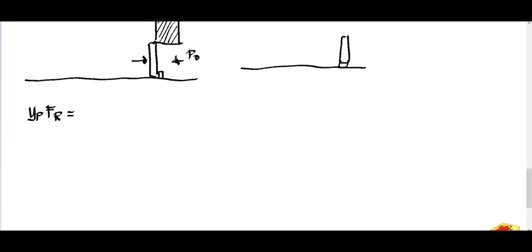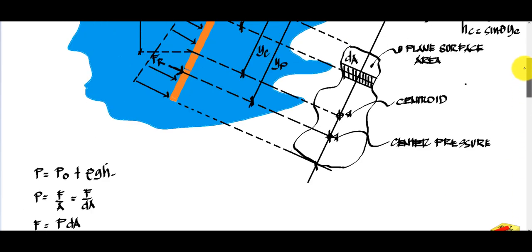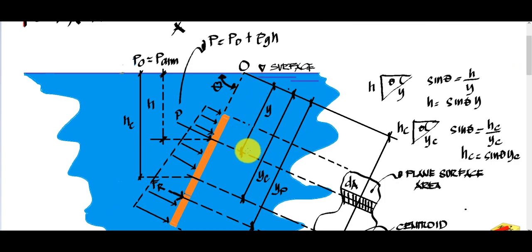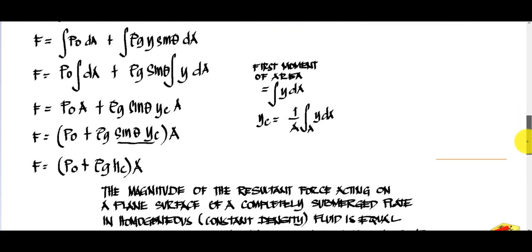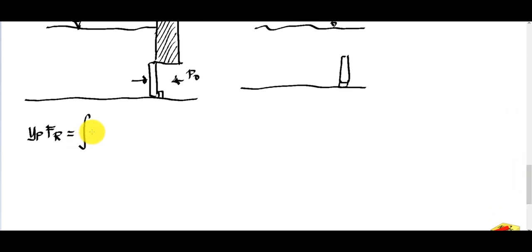So going back, equating that one, since it's a differential, we have your integral. Then we have the distance that is y. Here we have y times the pressure, since we need to find the force. So y times the pressure times the differential area.